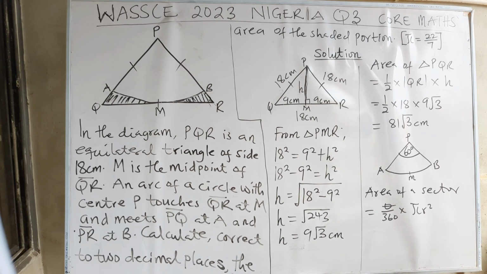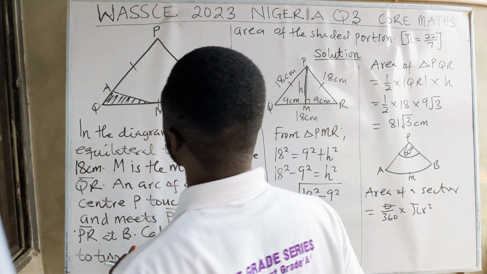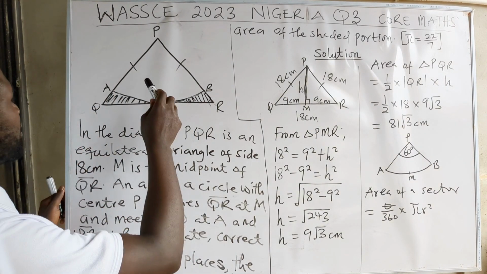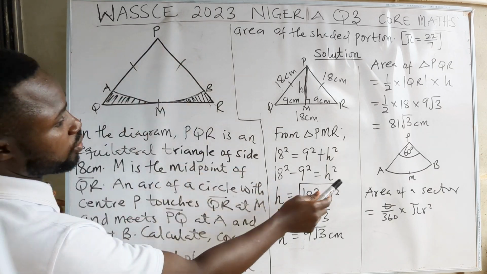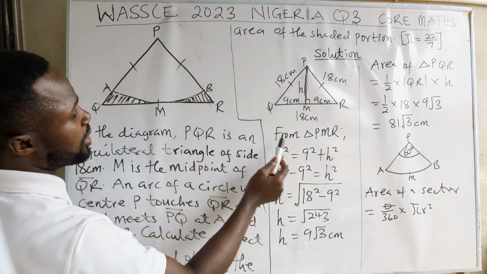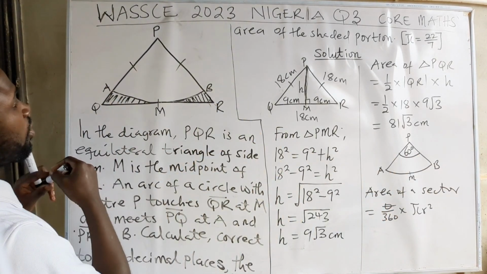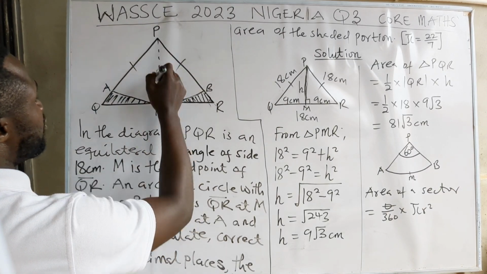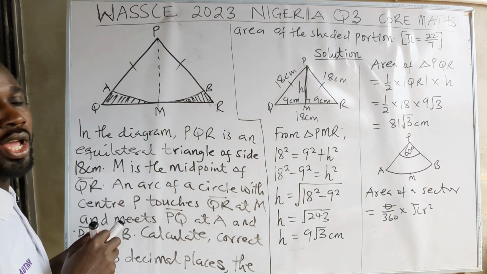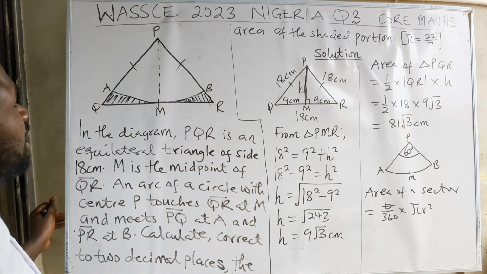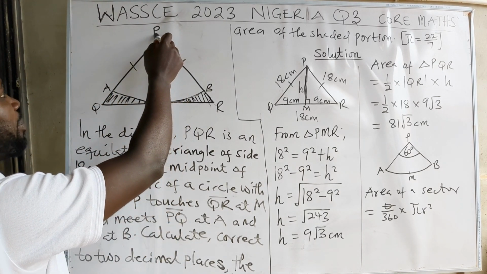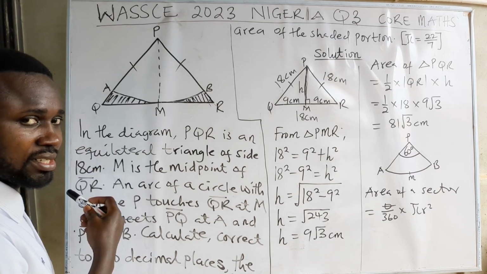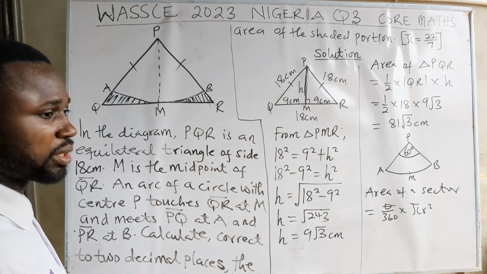Alright. What of the radius? So how are we going to find the radius? Let's look at something here. The radius can be from P to A, P to B, or even from P to M here, because the radius will be from the center to the arc, which is a portion of the circumference.